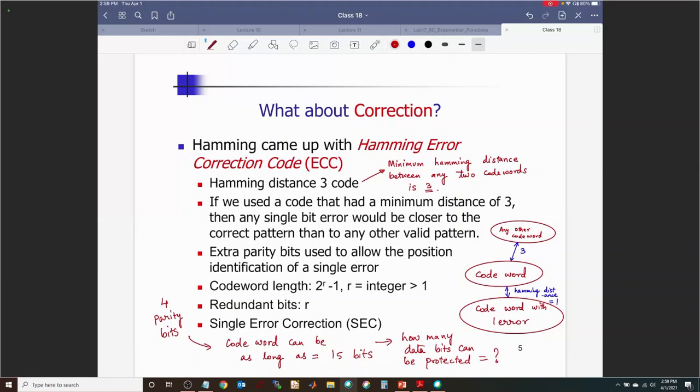Each code word is a combination of data bits and parity bits. Total there are 15. 4 are being used for parity, so 11. That's right. And this is the maximum, right? So of course you can use fewer than that. With 4 parity bits, you can have like 12 bits for total code word and 8 data bits. But that's sort of your limit with 4 parity bits for single error correction.